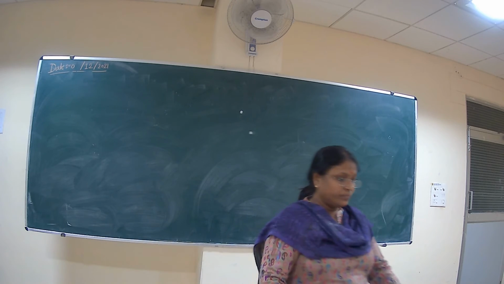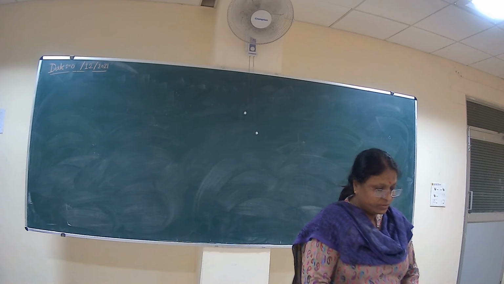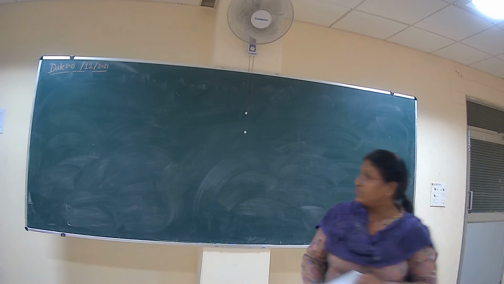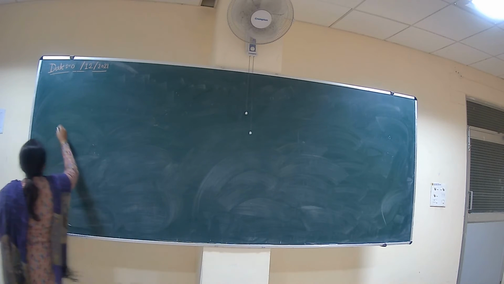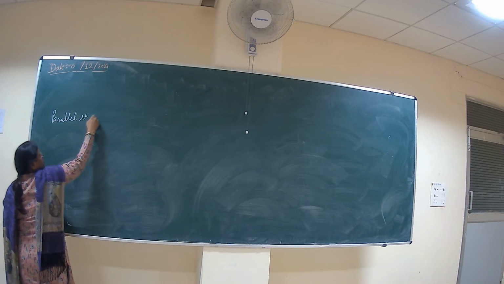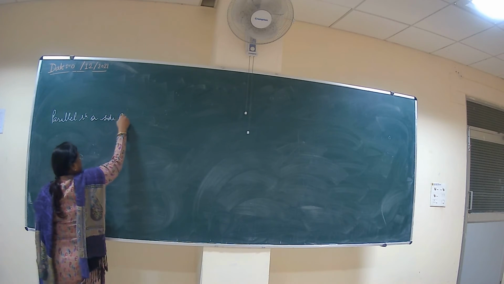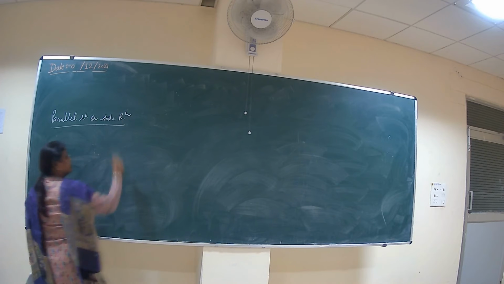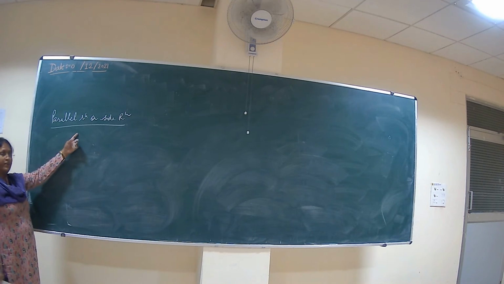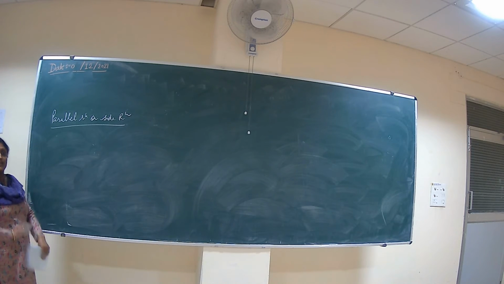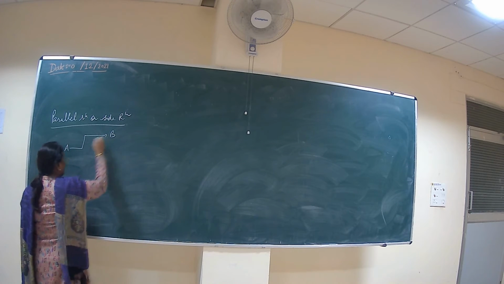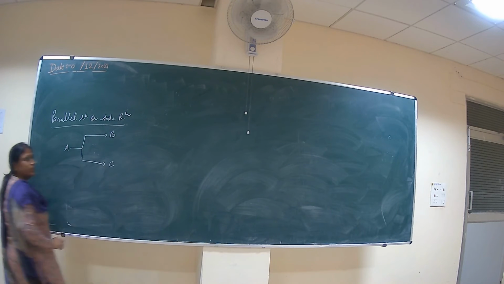Now for the parallel reactions, or the side reaction, along with the main reaction, the side reactions also take place and subproducts also form. Suppose A is converted into B and it is also converted into C.